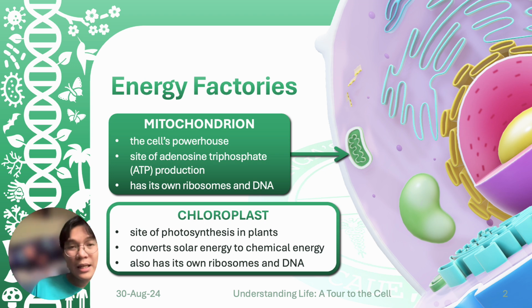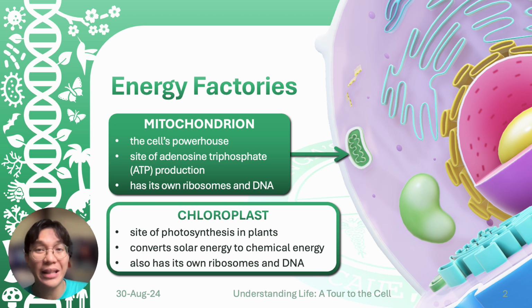So in the case of your mitochondrion, as you can see on the right side, how would you compare its structure relative to the other cell parts? How would you compare a mitochondrion with, for example, the endoplasmic reticulum or your Golgi bodies? Okay, so try to describe the structure on the model on the right.